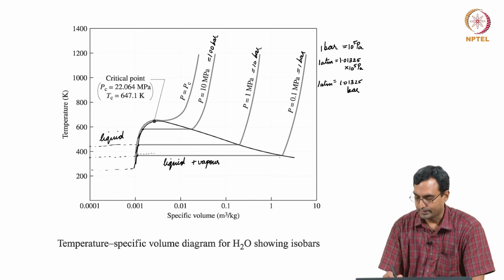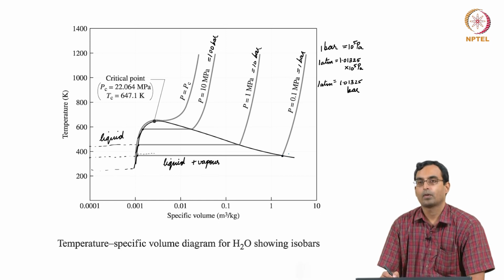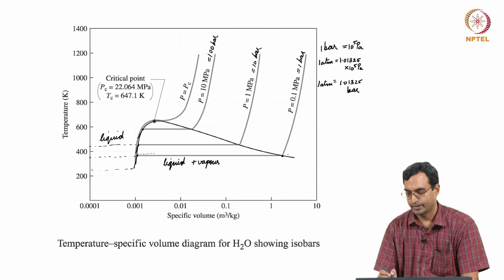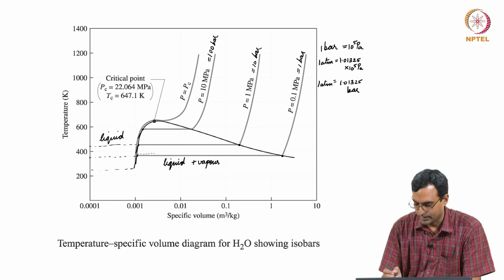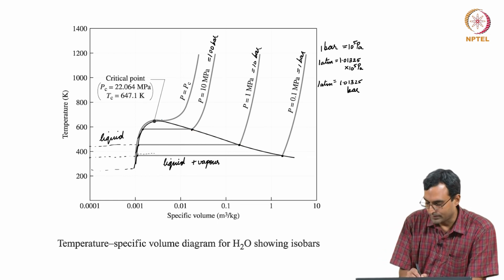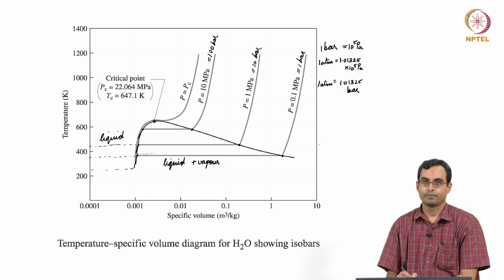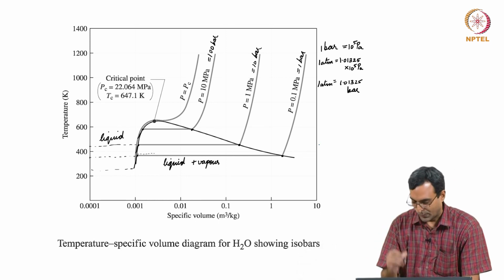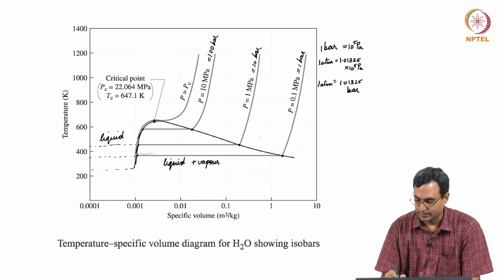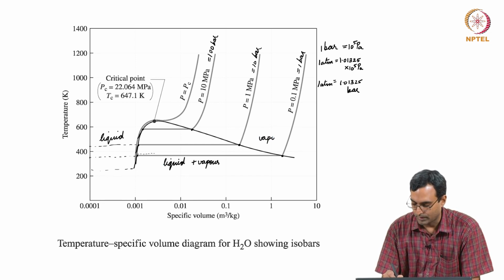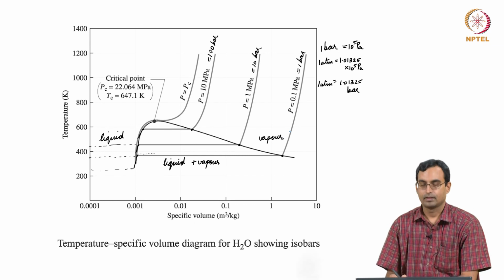Similarly, if I take the end of boiling, the point where all of the water has just finished getting converted into steam, if I join all of these points, I get this black curve over here, which we call the saturated vapor line. So, the saturated vapor line distinguishes the liquid plus vapor region from the pure vapor region.